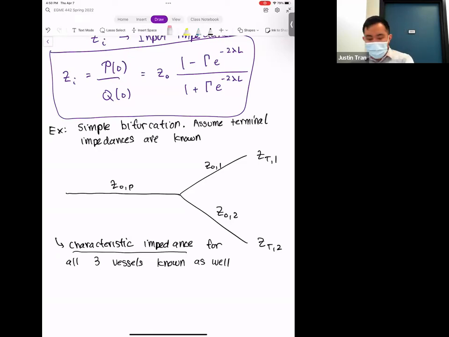And so what we want to do in this situation, what we want to compute here is the input impedance for the parent vessel.